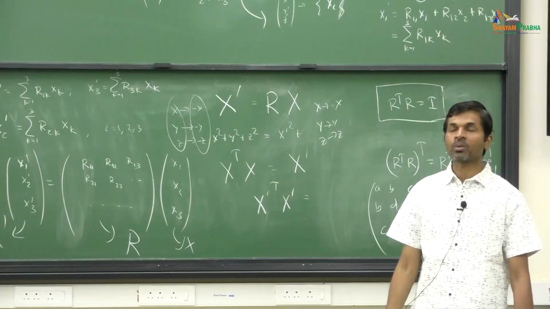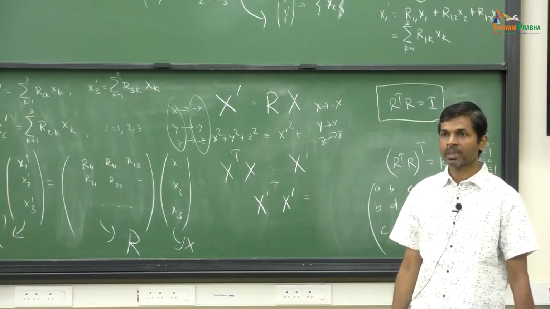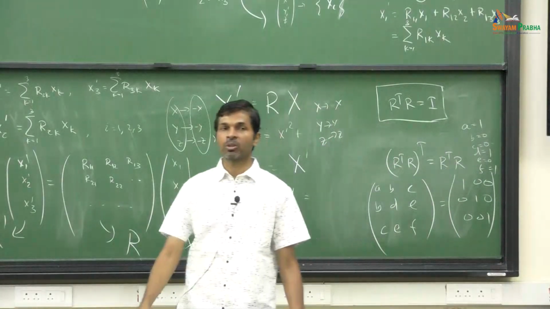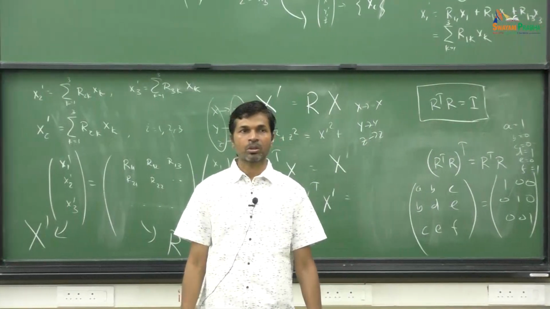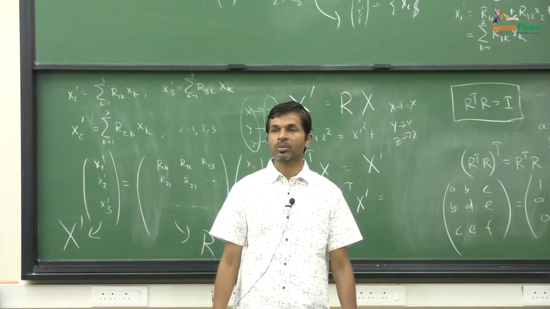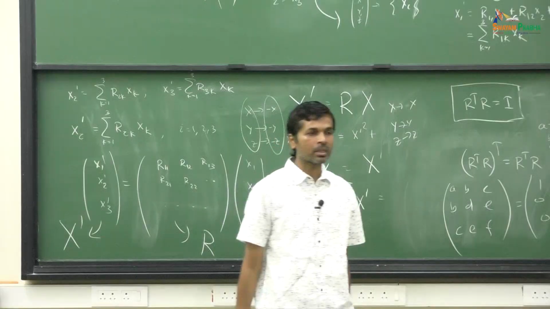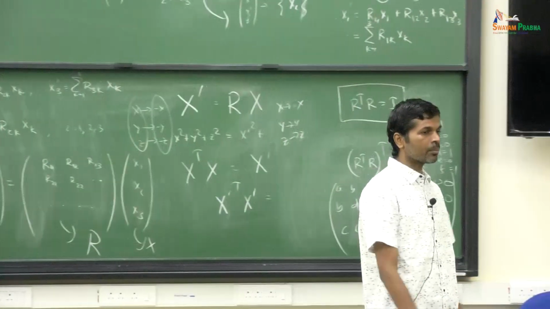So there are only 3 parameters left, and those are the 3 independent rotations. So you cannot have any new parameter if you perform a rotation in 3 dimensions.